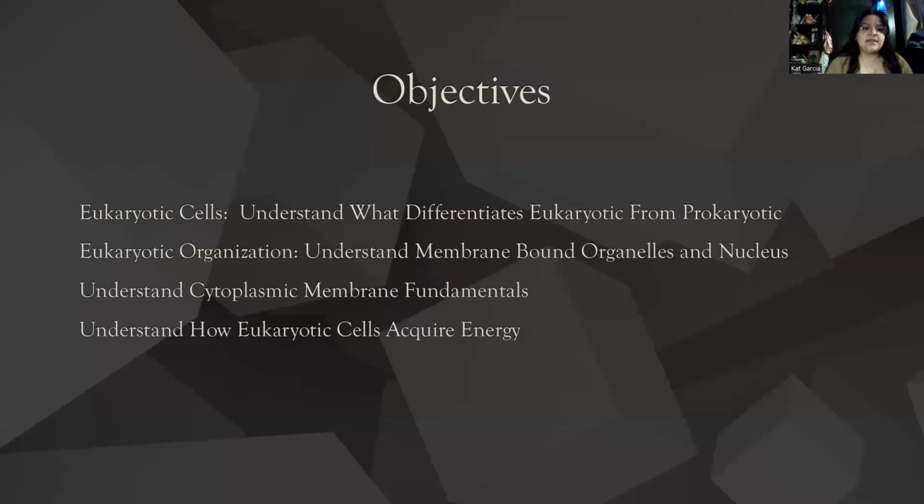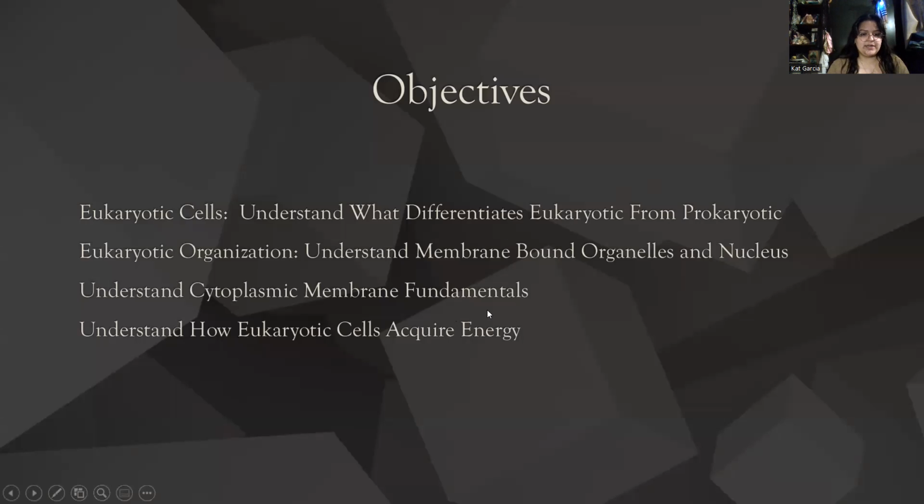So for objectives, there are going to be 4 parts to this presentation. The first part being, what is the difference between a eukaryotic and prokaryotic cell? What is a eukaryotic cell? The main differences. Next, we will go into eukaryotic organization, how the eukaryotic cells organize their contents, and more specifically, we will be going into membrane-bound organelles as well as the nucleus.